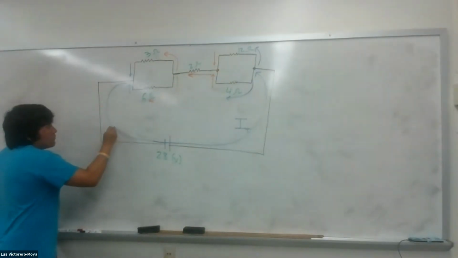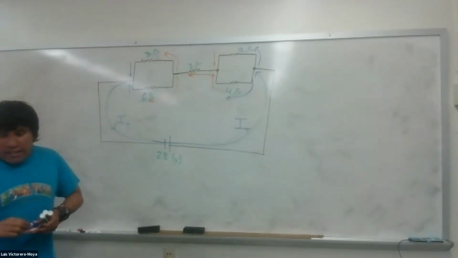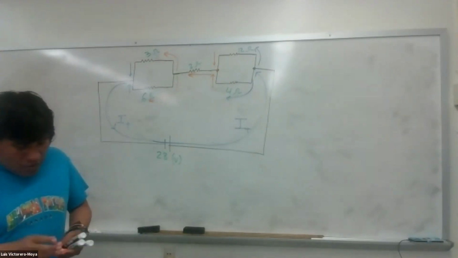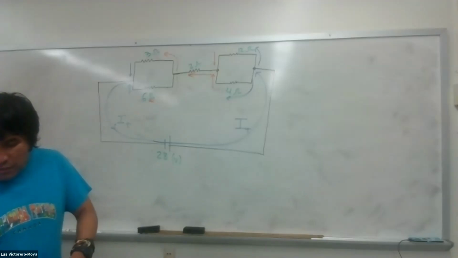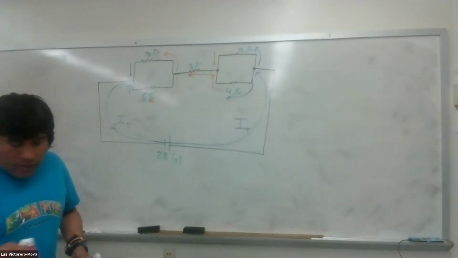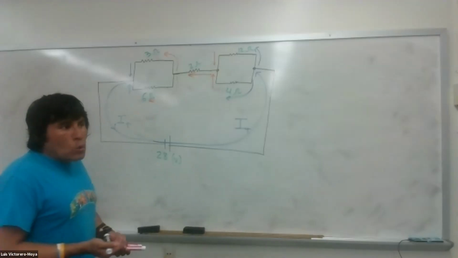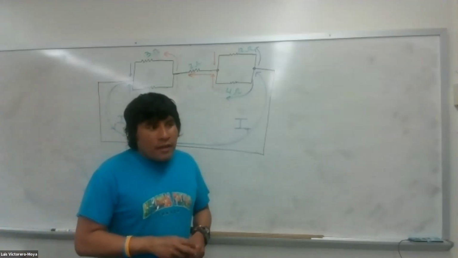In real life, it's not very common to see circuits as simple as this. Believe it or not, that's a very simple circuit. In real life, you have more loops and other devices.